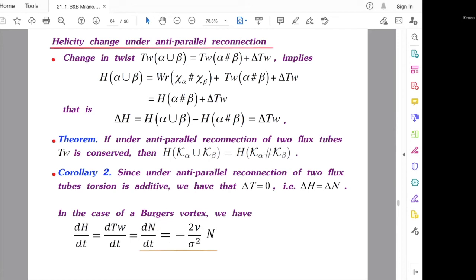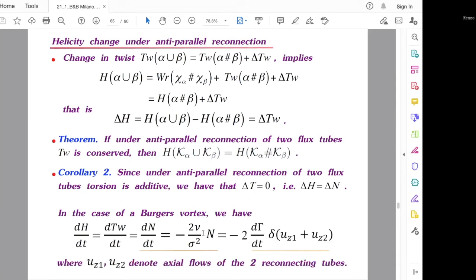And this is the equation that we derive from Berger's vortex. This is the equation that governs the change in intrinsic twist across reconnection. And by further analysis, we see from literature that this can also be related to the change in circulation, where UZ1 and UZ2 represent the axial flows of these two reconnecting tubes.